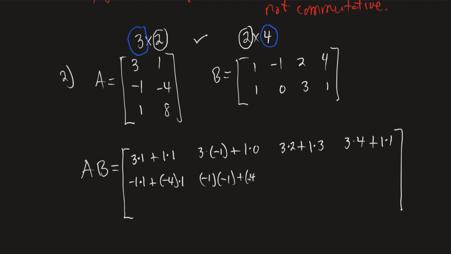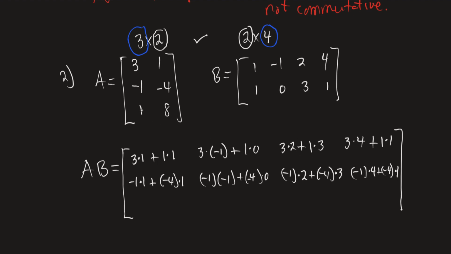And then second row, third column: negative 1 times 2 plus negative 4 times 3. And then finally negative 1 times 4 plus negative 4 times 1.